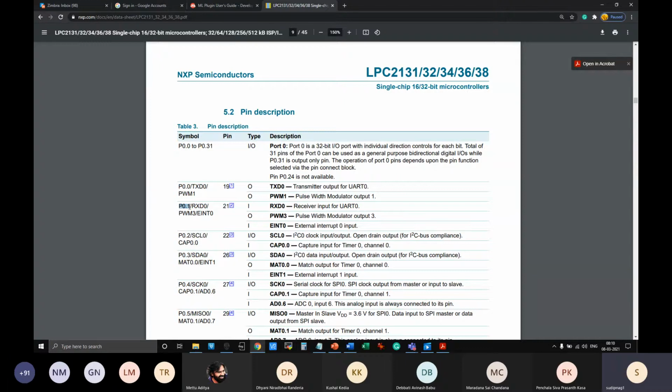This is port 0.1, which is multiplexed with RxD0. Whenever we use it as a normal port, it is a digital input or output. If we use it for UART, universal asynchronous receiver transmitter receive mode, with the same pin, we have to select the alternate function here, which is RxD0.